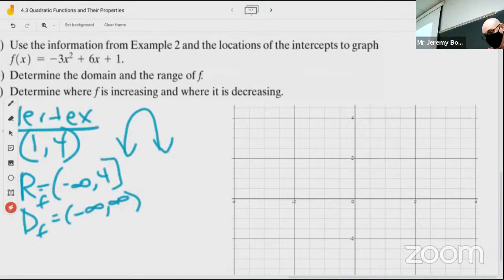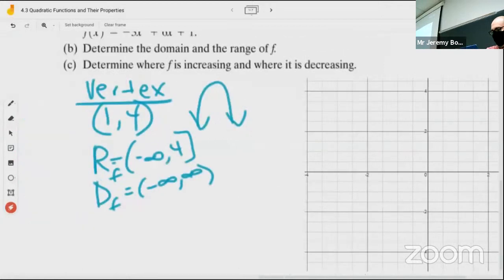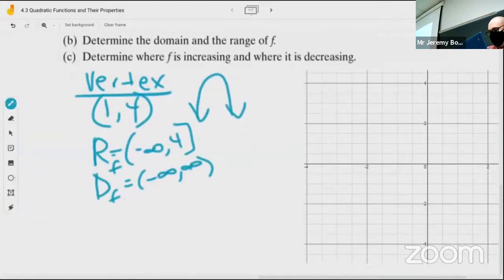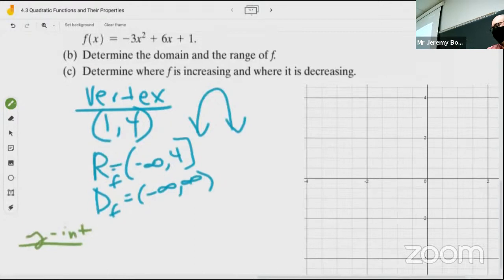Let's do some intercepts. Intercepts are probably the easiest way to do it. So let's do the y-intercept first. I like doing the y-intercept for functions because it's easiest. So we have f of x equals negative 3x squared plus 6x plus 1. To find the y-intercept, what are we going to do?